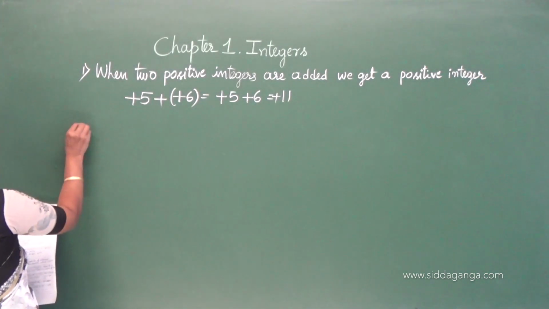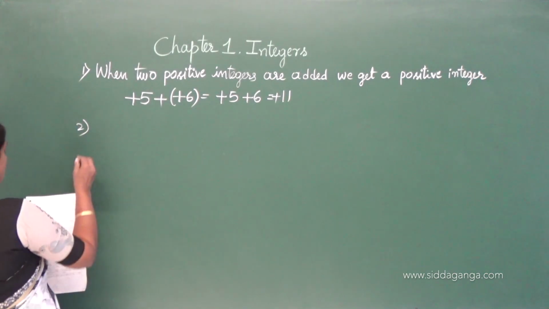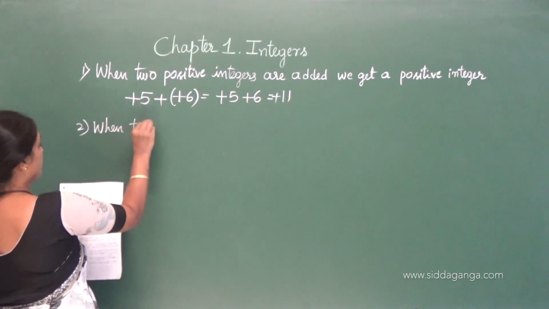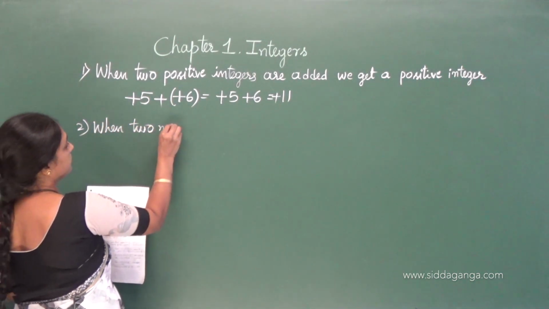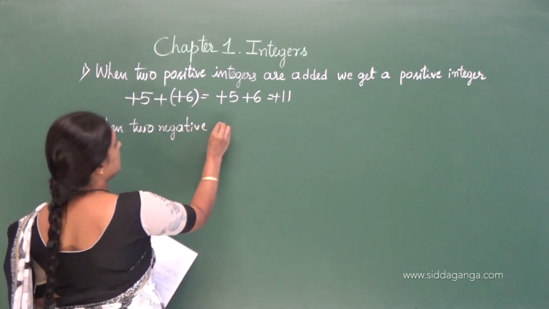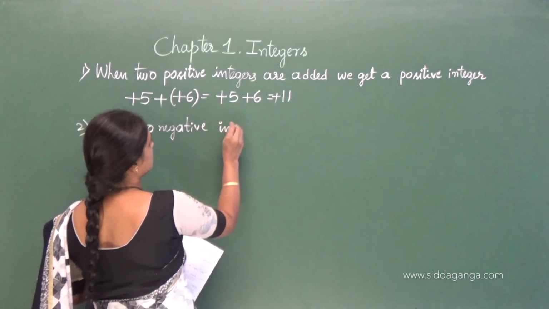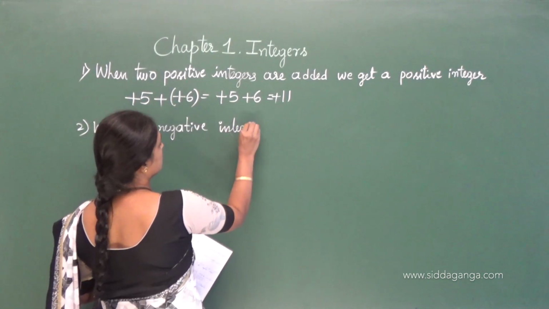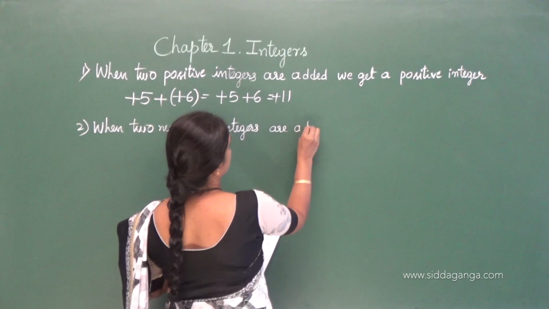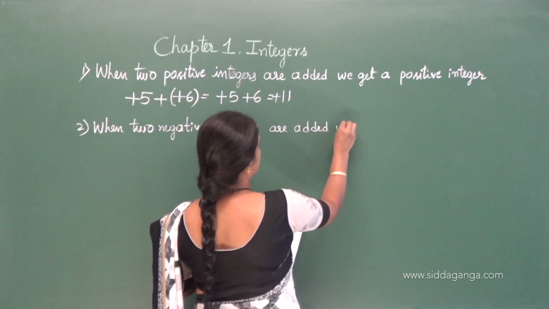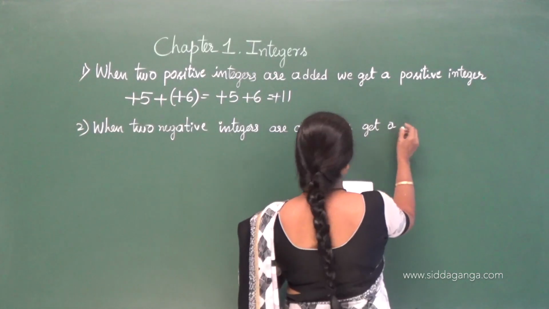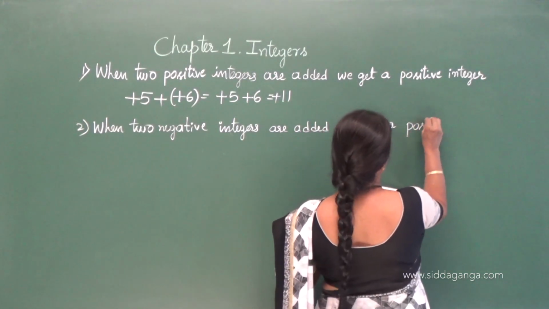Then let's move to the second statement. When two negative integers are added, we get a positive integer.